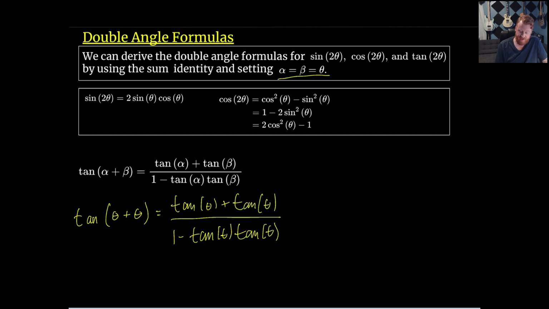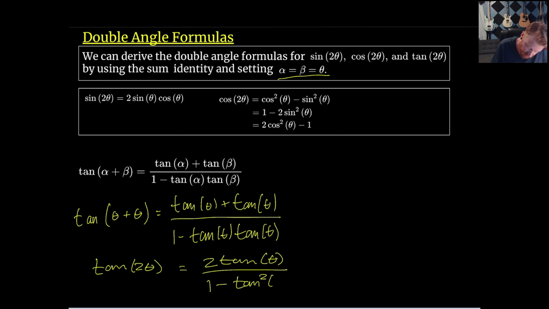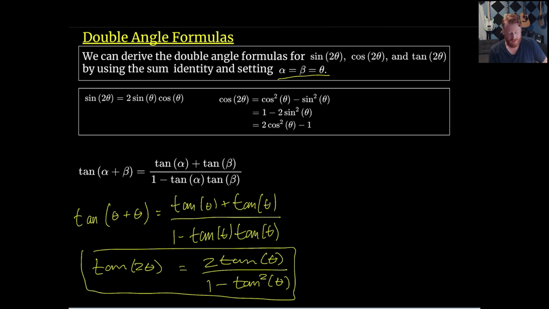So I'm just plugging in thetas for alphas and betas. And what we are going to get here is that the tangent of 2 theta is equal to 2 tangent theta all over 1 minus tangent squared theta. So here is our identity for the tangent of 2 theta, our double angle formula for tangent.